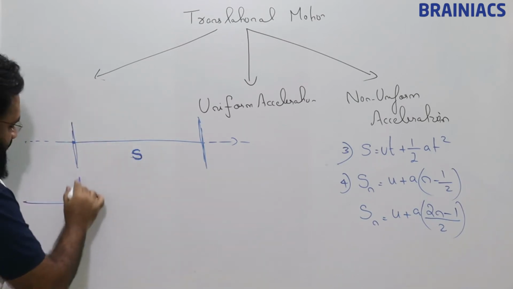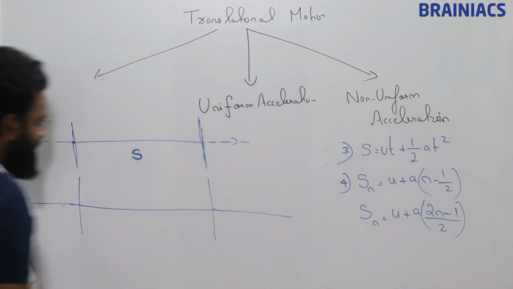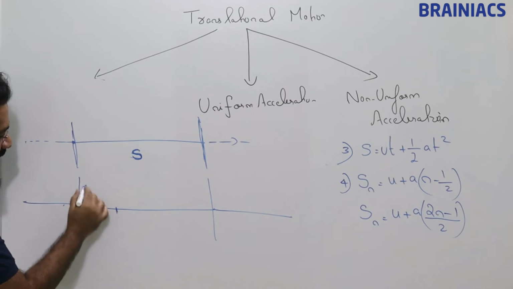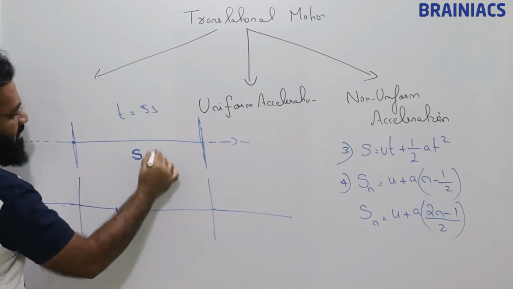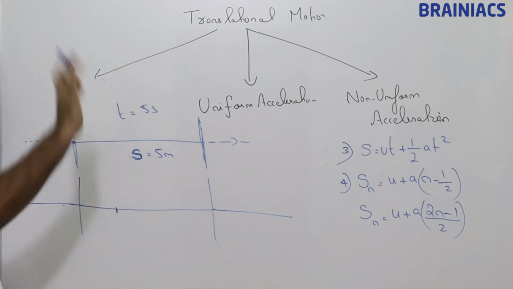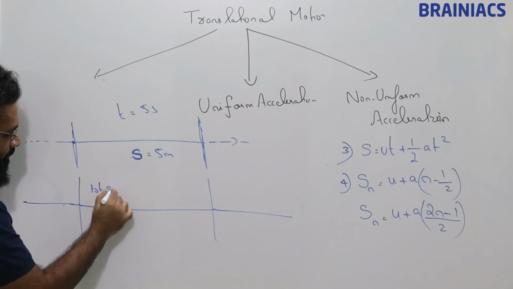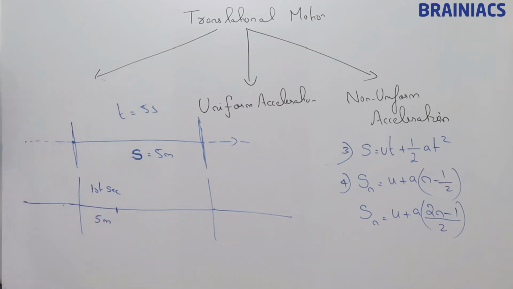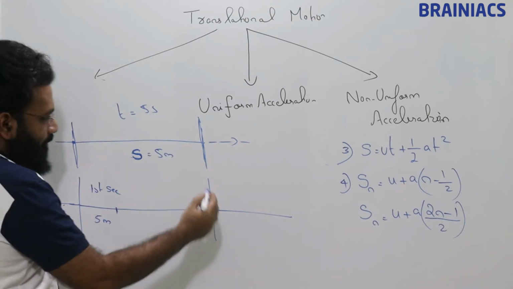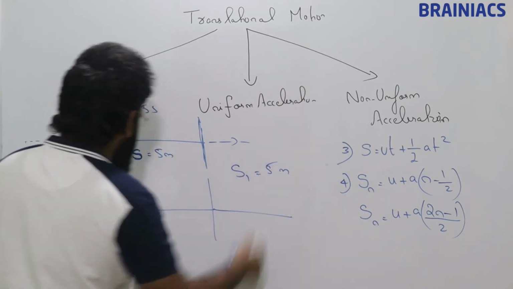Suppose another case, it is coming like that, and we have considered like this. For the first second, the total time maybe is 5 seconds, this is 5 meter or 10 meter, whatever it may be. For the first second, the vehicle moved a distance of 5 meter. So S1 is 5 meter.